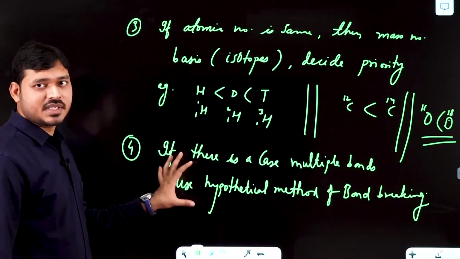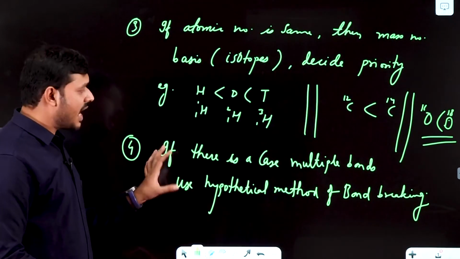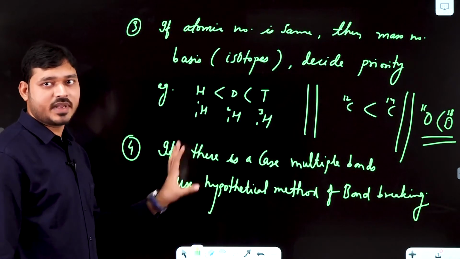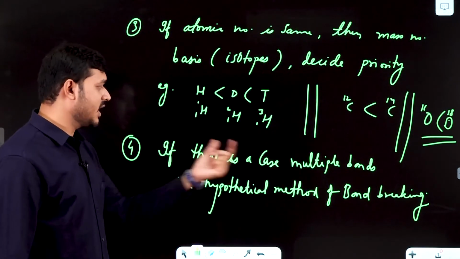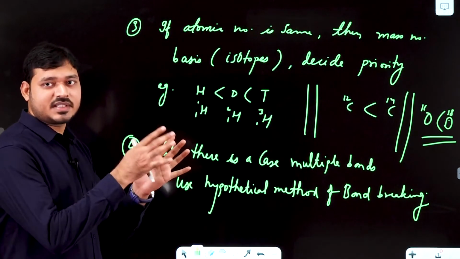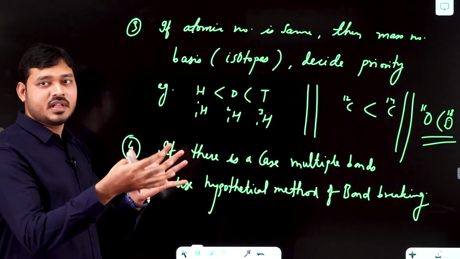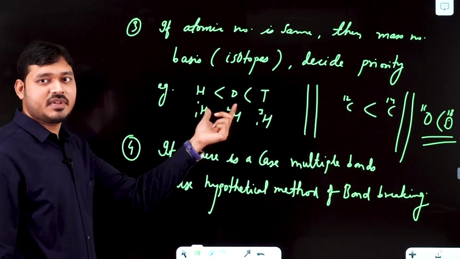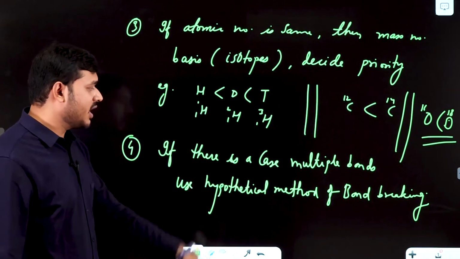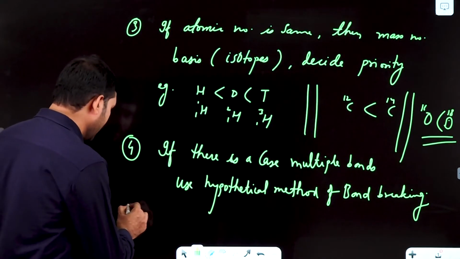Students, you just write down this rule right now. I will explain it with the help of an example. If there are C double bond C or C triple bond C, then how to check it? I will explain it with the help of an example. Use the hypothetical method of bond breaking. Okay, next part.